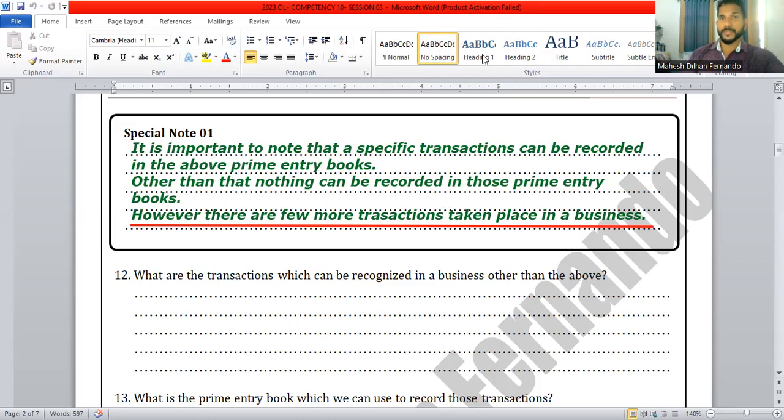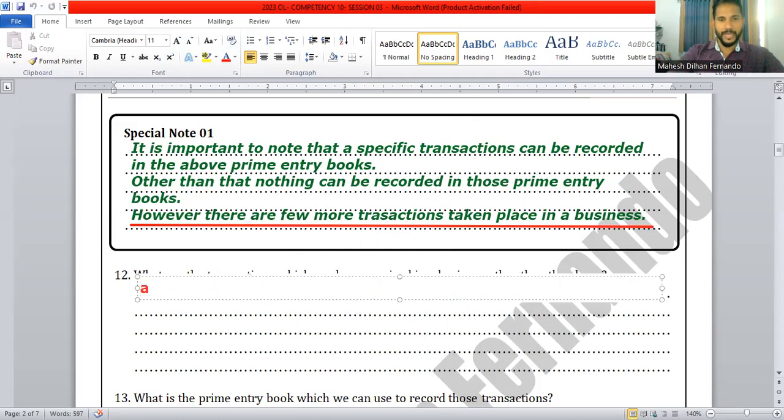There are a number of transactions, but according to your syllabus, we don't want to recognize all of them. But I'm going to give you the things that we have to discuss at this moment and also in grade 11.